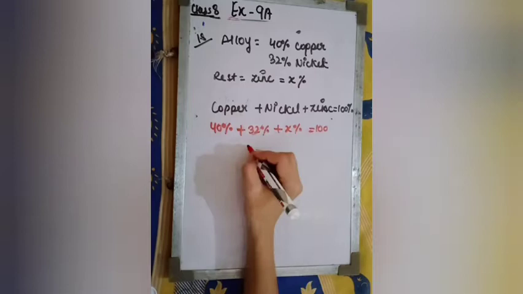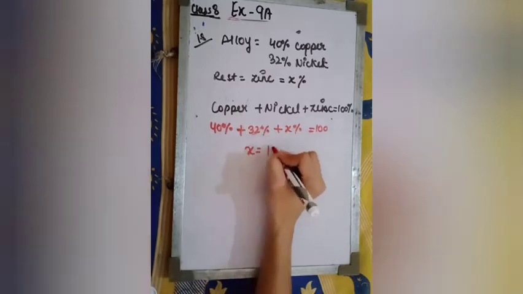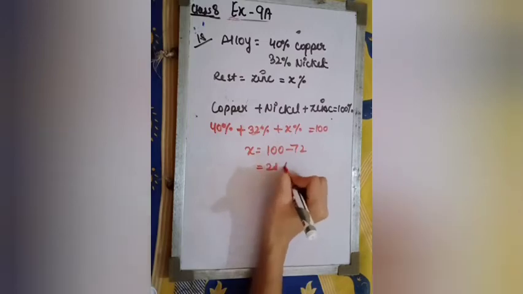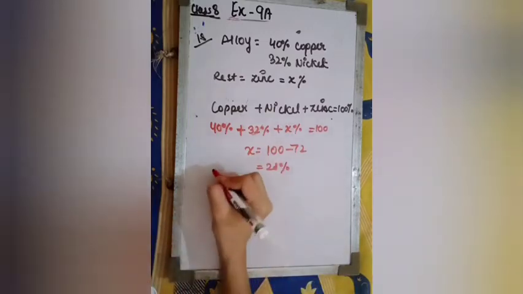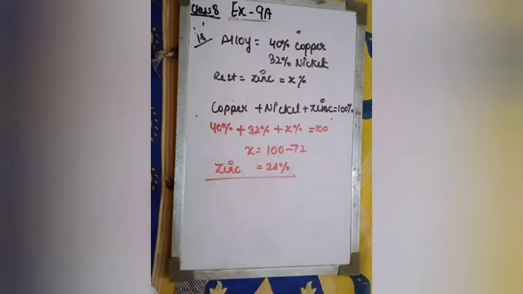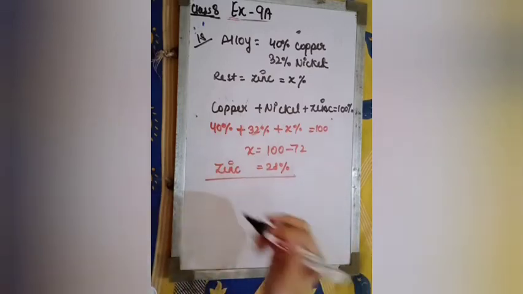From here you can find the value of x. 100 minus 72. It is 28%. So the zinc is 28%.